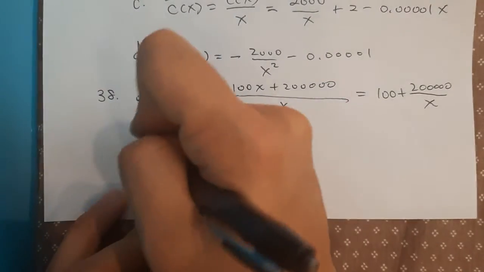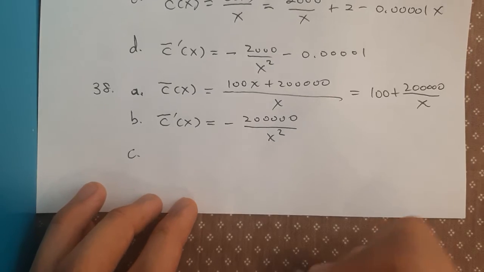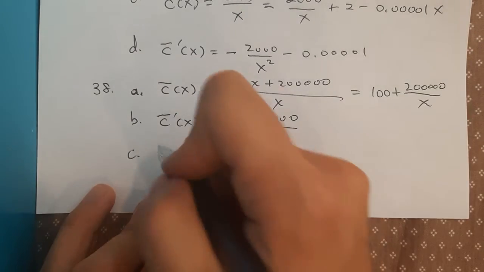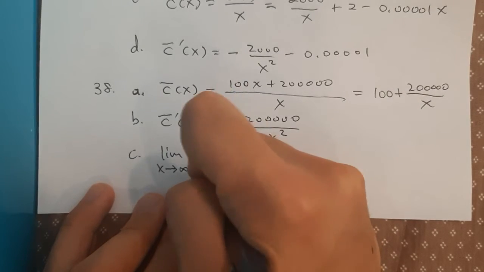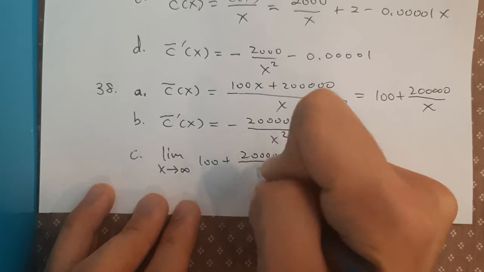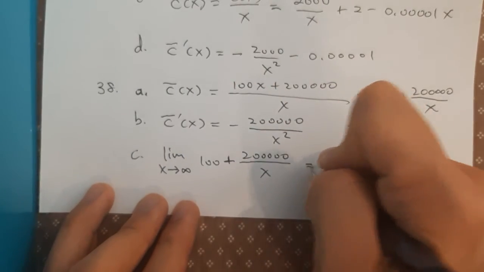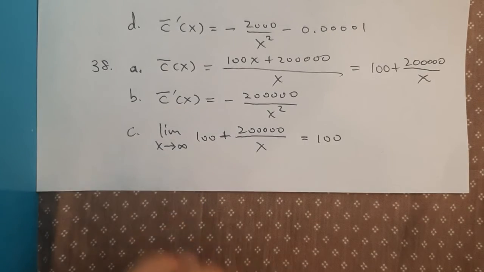Then in part C, it says what happens to C bar of x when x is very large. So as you can see, if you take the limit as x approaches infinity of 100 + 200,000/x, that's going to be equal to 100. So what does it mean?